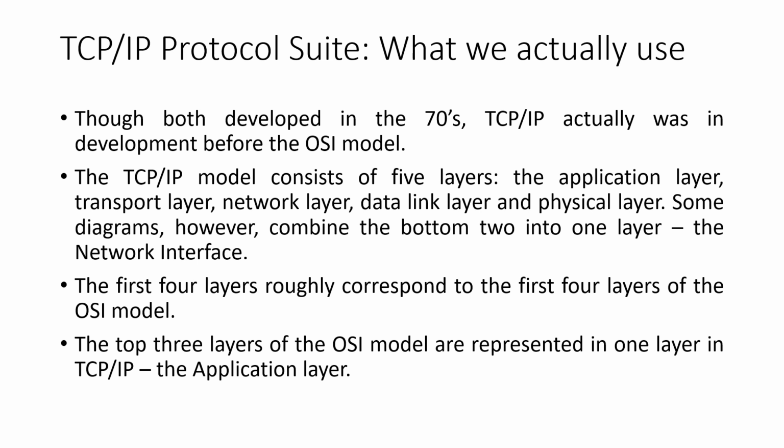This model has only 5 layers, and some show it as only 4, as opposed to the 7 layers in the OSI model. It does, however, implement the encapsulation process as was discussed, though it doesn't always stick to a strict following of the only communicating with 1 layer above and 1 layer below rule. Overall, the OSI and TCP/IP protocols have much in common in practice.